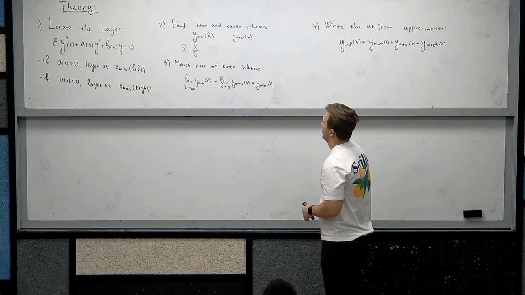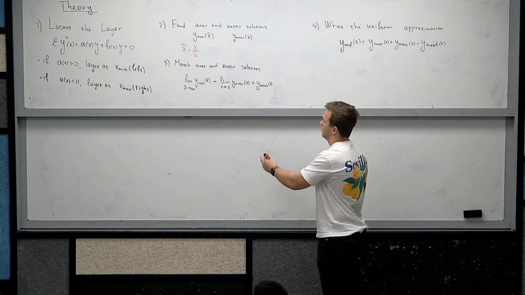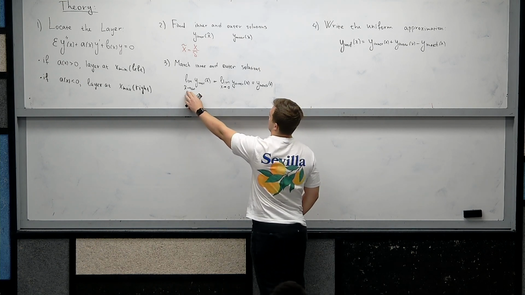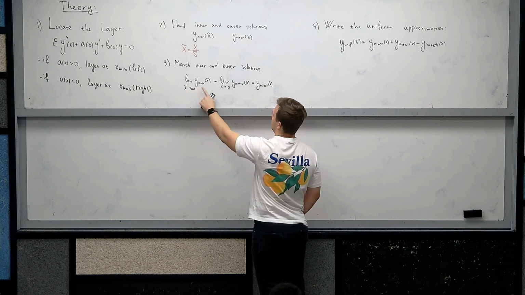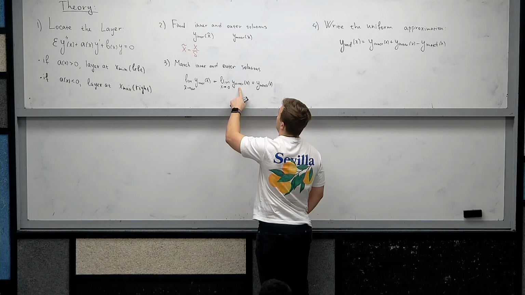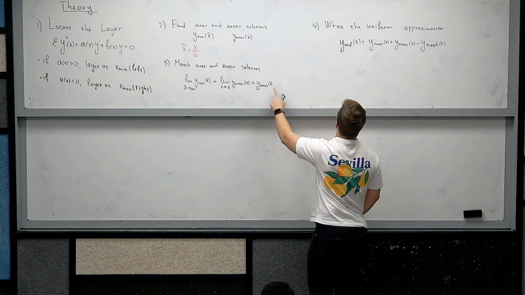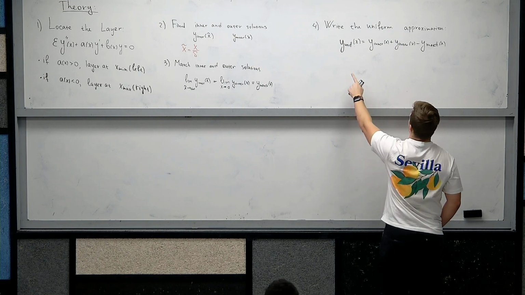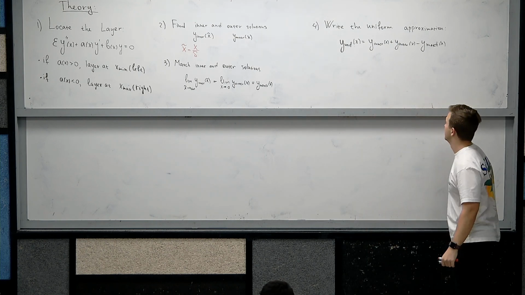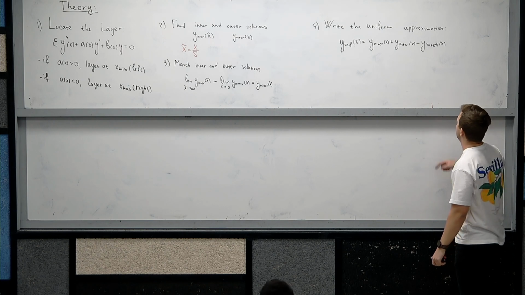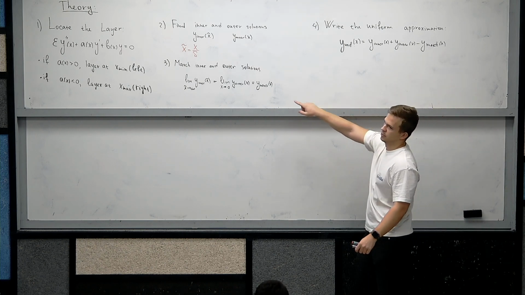Okay. Then we know the inner and outer solutions. We match them: for the inner solution the inner variable x tilde goes to infinity, and for the outer solution x goes to 0, and this is y match. The final step is to write the uniform approximation, which is the sum of inner and outer solutions minus y match.